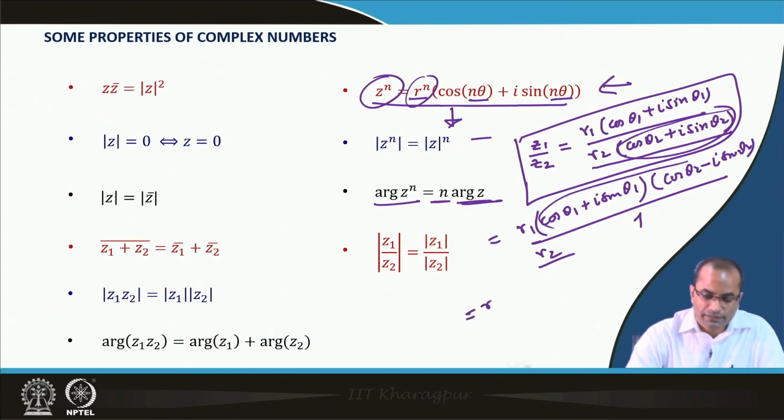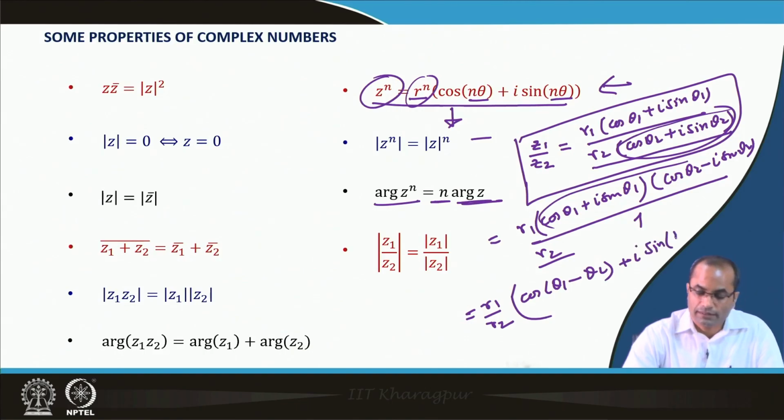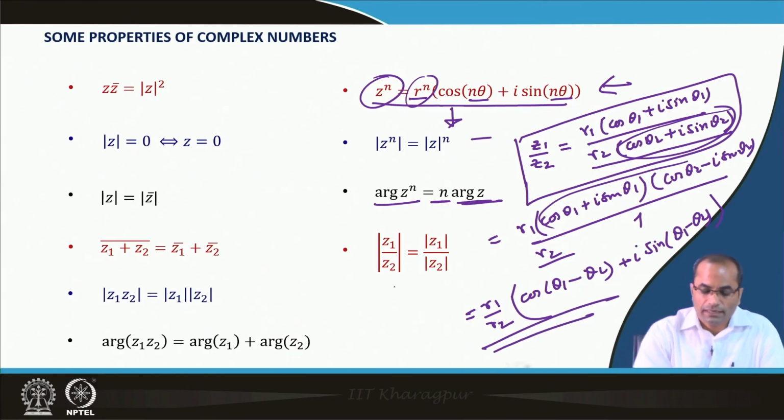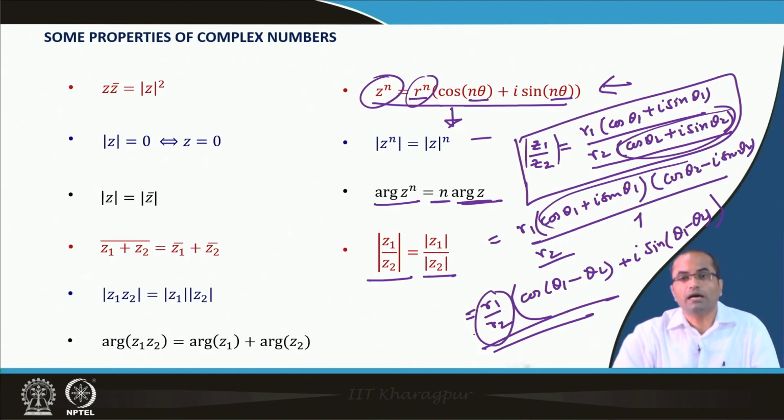What we will get finally is R 1 by R 2 times cos of theta 1 minus theta 2 plus I sin of theta 1 minus theta 2. So, this relation we will get, and from this we can directly get that the modulus of Z 1 divided by Z 2 is nothing but R 1 by R 2.